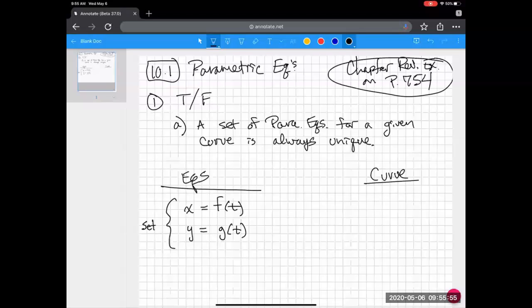So to say a set of parametric equations for a given curve is always unique is saying that if you have a particular graph, there is one and only one. Unique means there's only one. There's one and only one pair of functions for x and y that would give you that graph. And if you change the functions for x and y in some way, you would not get the same curve.